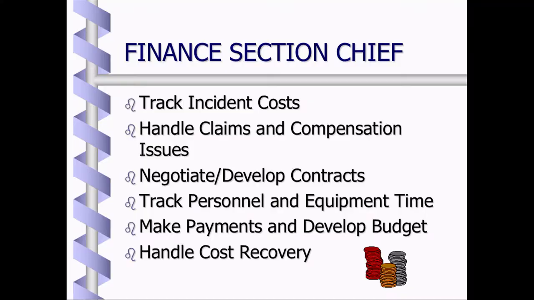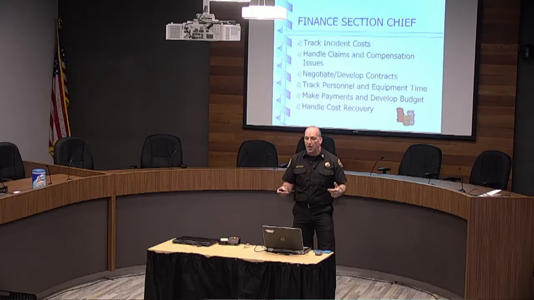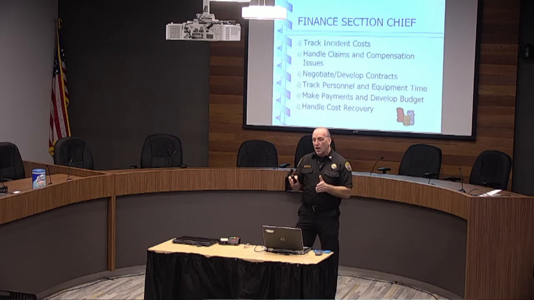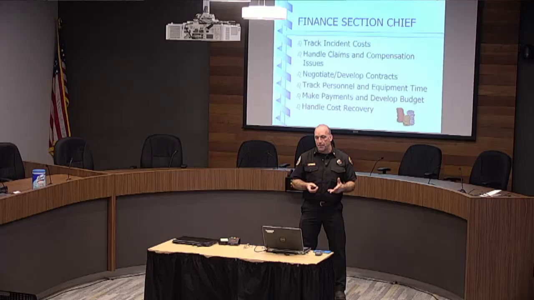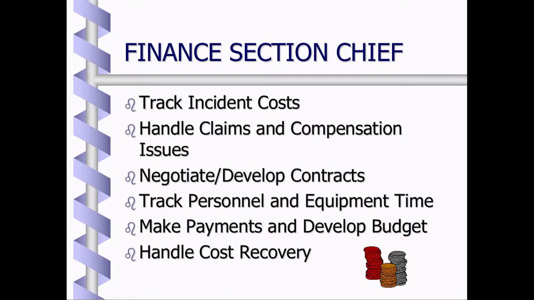Finance is also tracking personnel and equipment time. You know, how much time on those contracts, if we get a specialized piece of equipment, we're going to track the personnel on that, or we're going to track the time that we're using that piece of equipment. They make all the payments, and they develop a budget for a long-term incident. What does this look like? And they handle cost recovery.